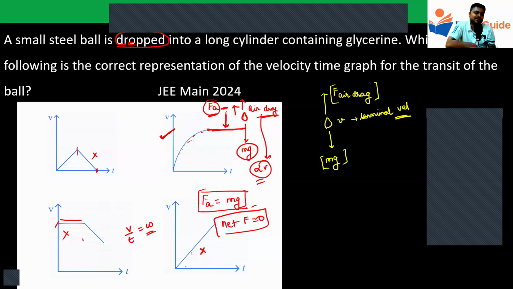The drag force is given by 6 pi eta r into v, where eta is the coefficient of viscosity, r is the radius of the steel ball, and v is the velocity. Ultimately it approaches terminal velocity, when the drag becomes equal to mg, and the velocity becomes constant. So therefore the second graph is correct. Is it clear? If yes, please raise your hand.